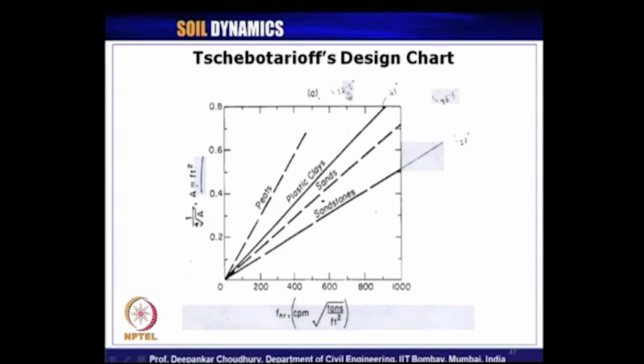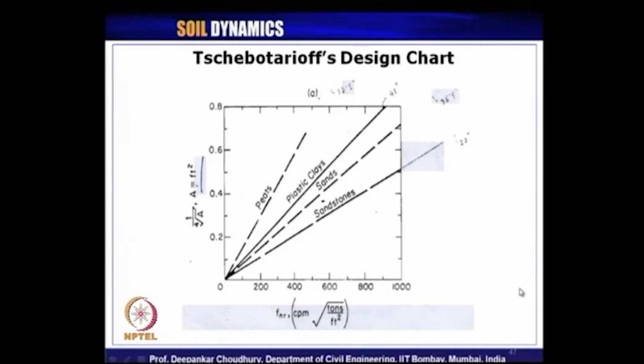The slope of the line will help you get, for the calculated value of your FNR in the design steps, this 1 by 4th root of A value very easily, and that is your A required. And A provided, you have to check with this A required till they match, or if your provided area is more, then it is fine.